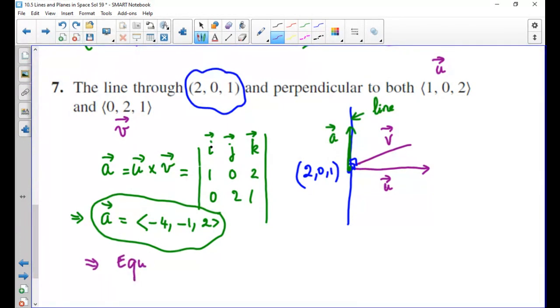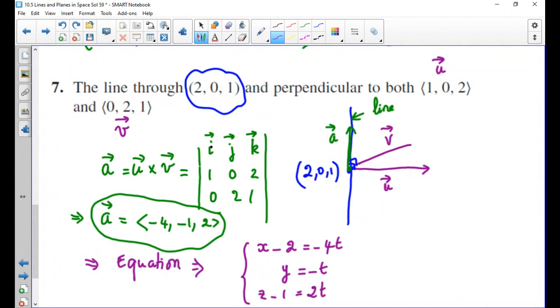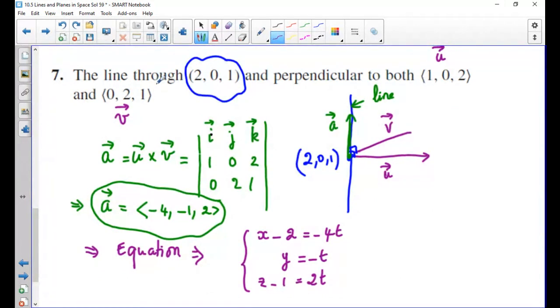So the equation will be, okay, x minus 2 equal to minus 4t, and then y equal to minus t, and z minus 1 is equal to 2t, and this is the equation of the line which is perpendicular to these two vectors.